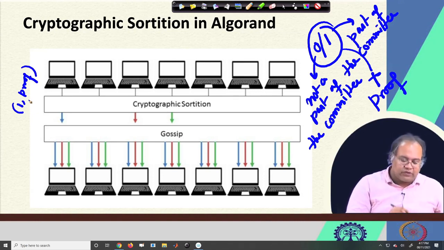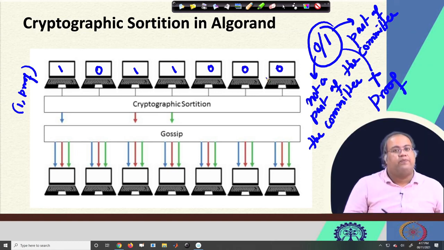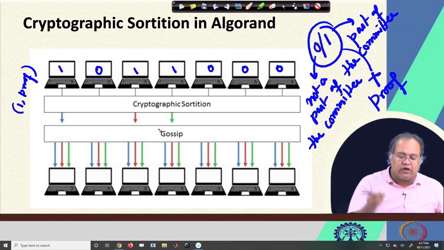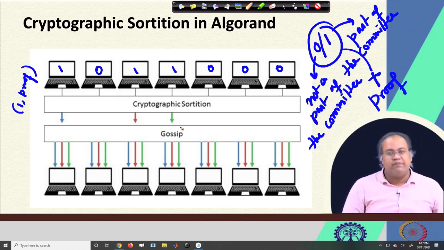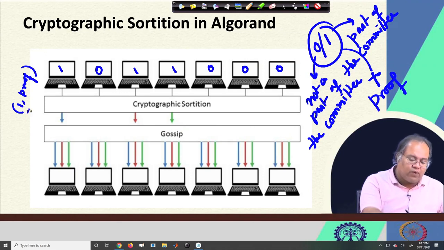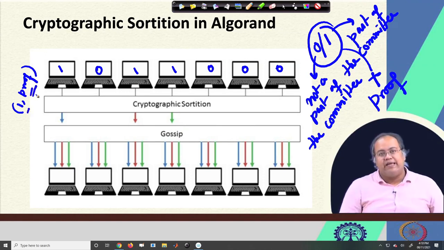Say this member gets 1, this gets 0, this gets 1, this gets 1, this gets 0, this gets 0, this gets 0. The member who gets 1 sends that information through gossip, along with the corresponding proof, which validates that 1 has been generated from the cryptographic sortition mechanism.